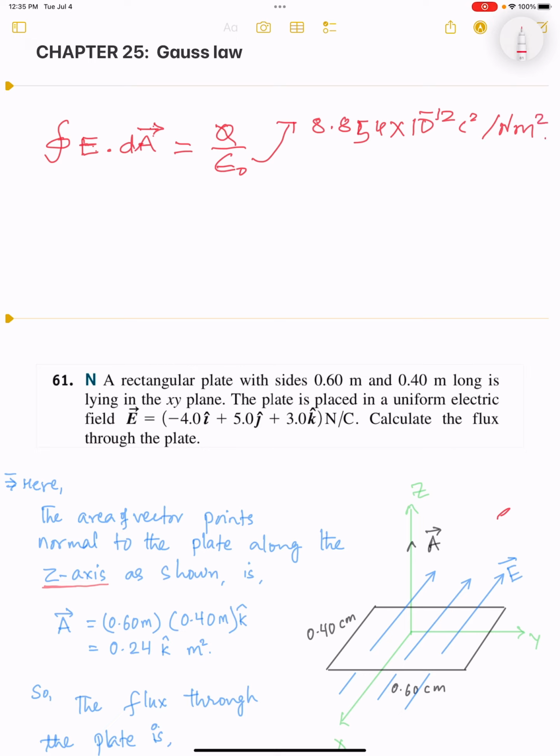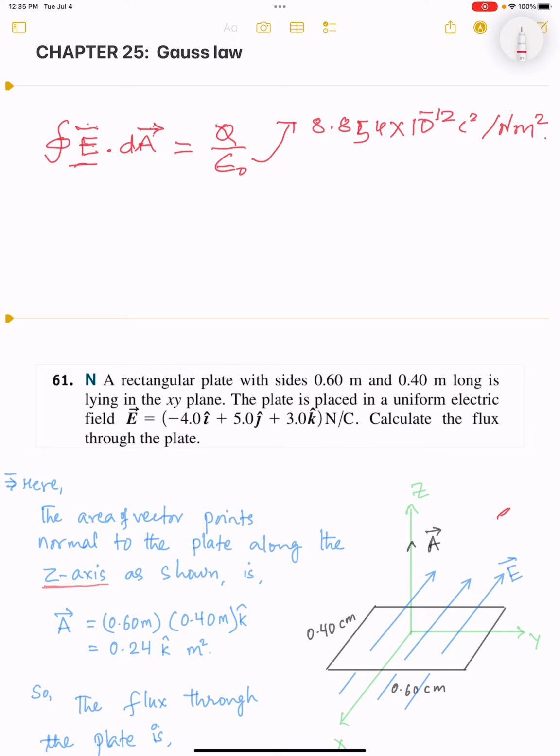So this Gauss law can be used to solve for the electric field in a region of space if the distribution of the charge is known.